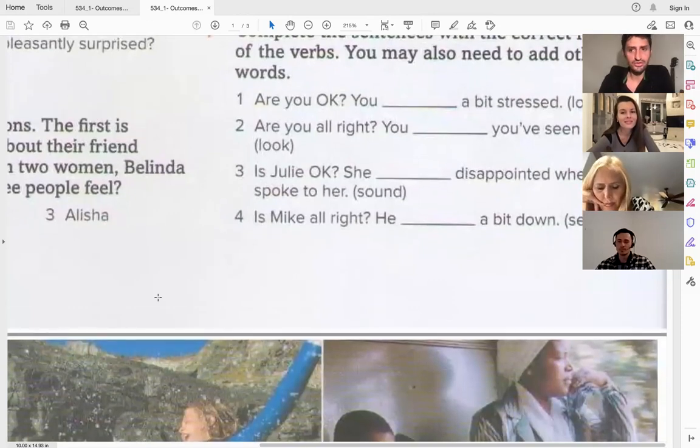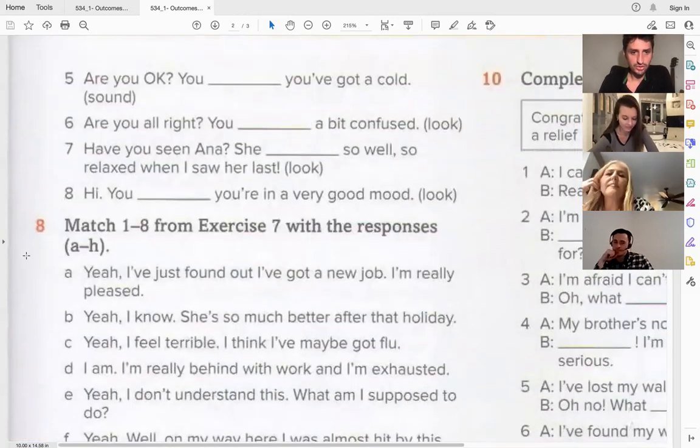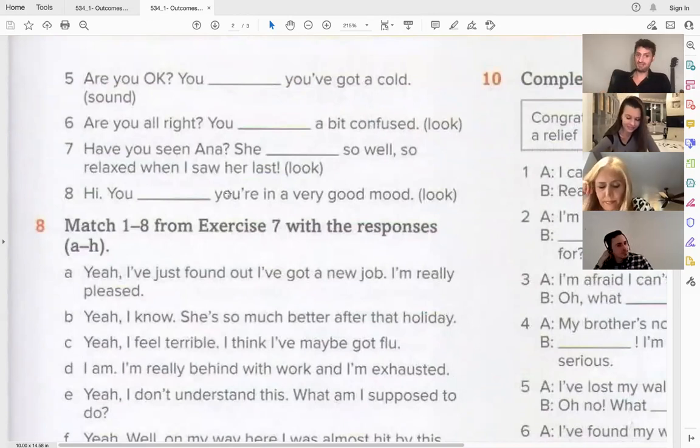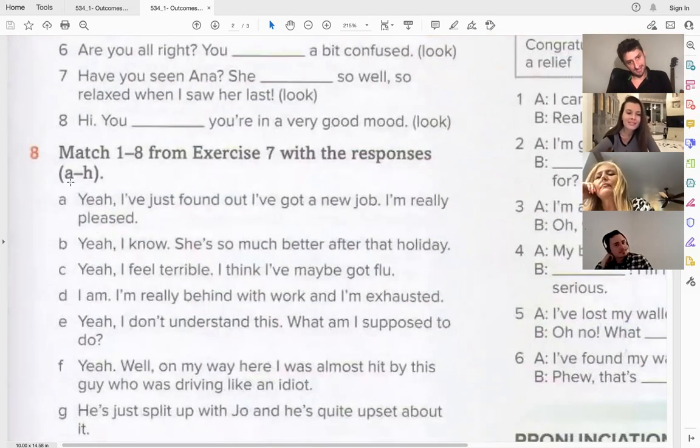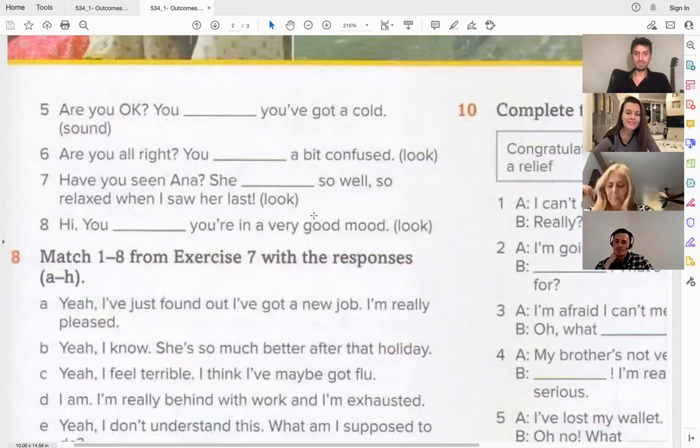You look a bit stressed. Or, oh, Emily, you look like you're in a very good mood. And then you need to respond, but with your own ideas, not with these ideas here. Yeah, I know. I'm in a great mood because blah, blah, blah.